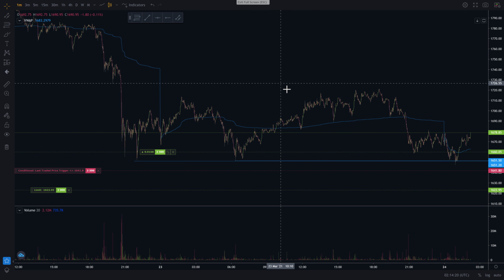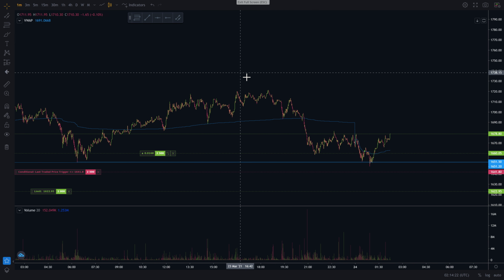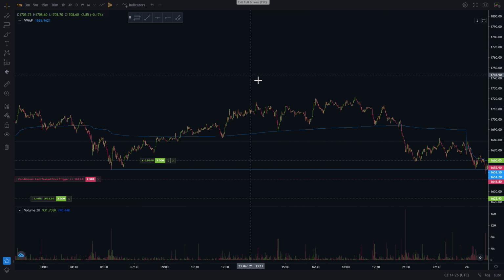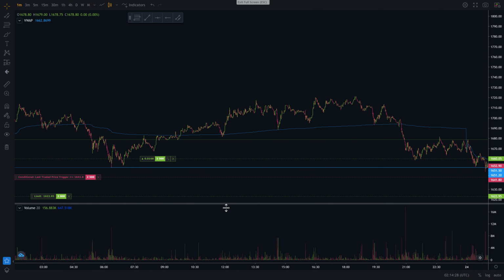Now, you can see the volume here, and when you are scalping, the volume is very useful for you. In the volume bar here, it's showing you total sellers and buyers, and on the right it's showing you the dollars, the contract value in dollars.